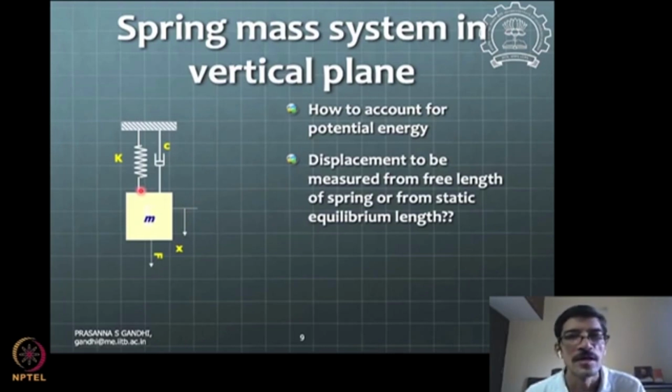The other case is where the spring has an extension such that the initial deformation of the spring balances the force mg. For the Lagrange formulation we can consider both cases, but the energies to be considered are a little different.